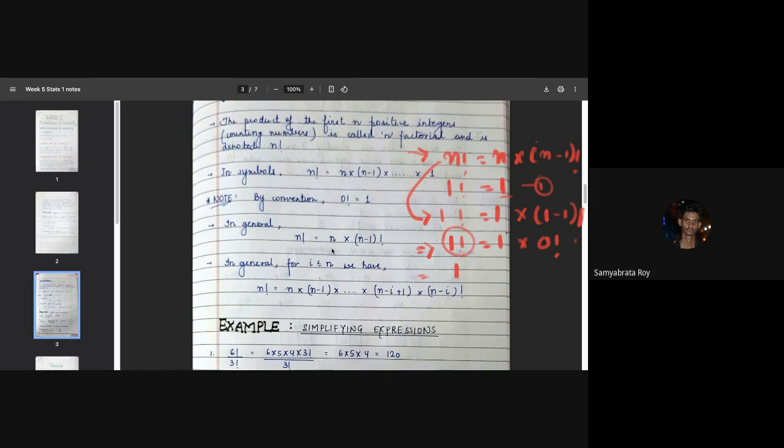Now what is the value of 1 factorial from this? This is 1 only. 1 equals 1 into 0 factorial. What is the value of 0 factorial? 1. This will go this side, 1 by 1, which is 1 only. From this, I can infer that 0 factorial is equal to 1. Okay. Cool.